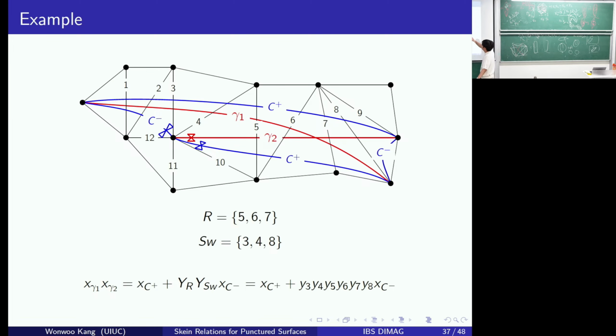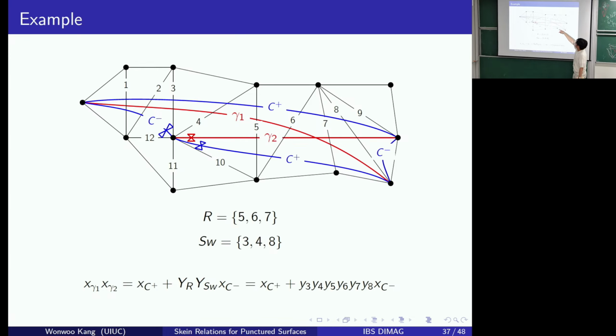So let's look at here. Gamma 1, gamma 2 both intersect 5, 6, 7, right? Other arcs, they don't cross. There's no other arcs that both of them cross. And let's look at their endpoints here. What did I say? If it's plain, you sweep them clockwise, right?